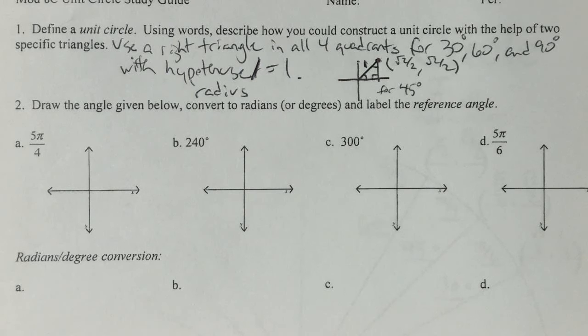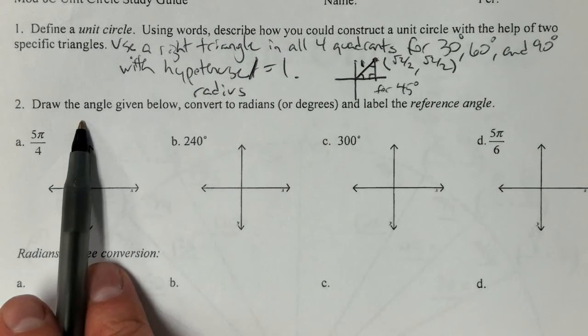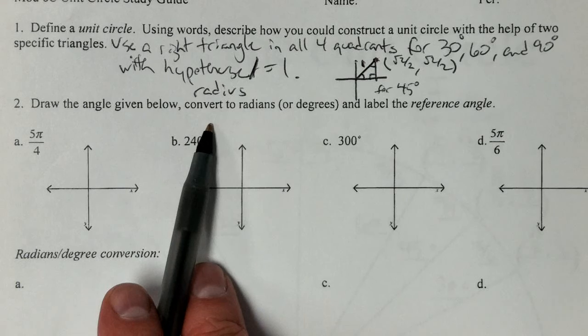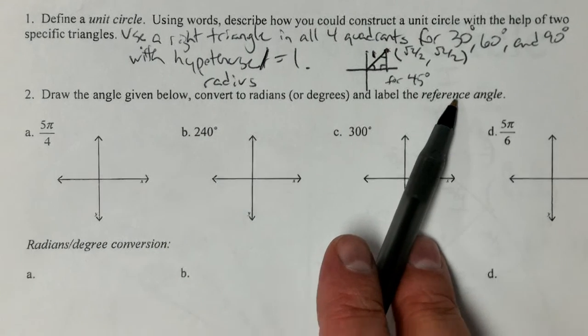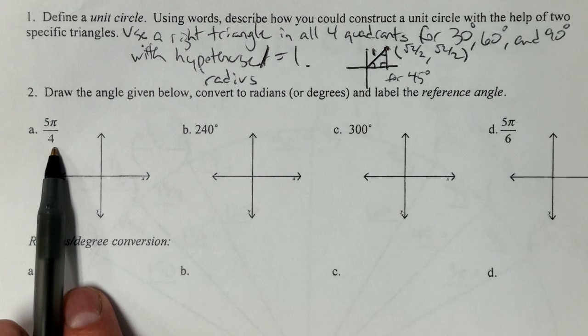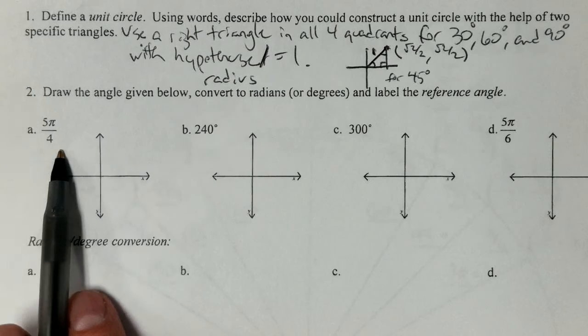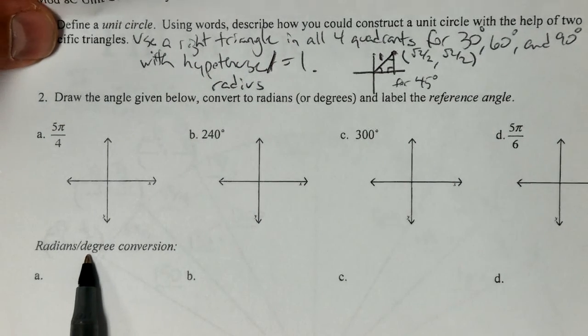Use a right triangle in all 4 quadrants for 30, 60, and 90 with hypotenuse or radius equal to 1, and then I drew a picture. Okay, draw the angle, convert to degrees or radians, and label the reference angle. Okay, so this one's 5 pi over 4. So for that, it says radians degree conversion.